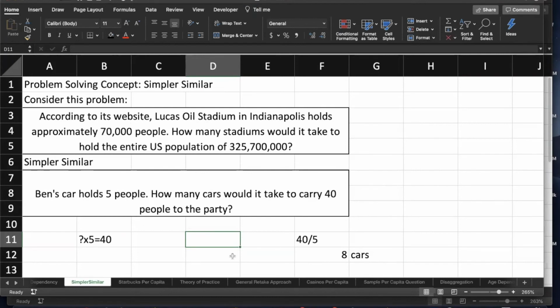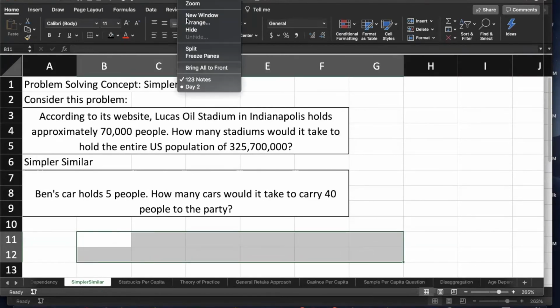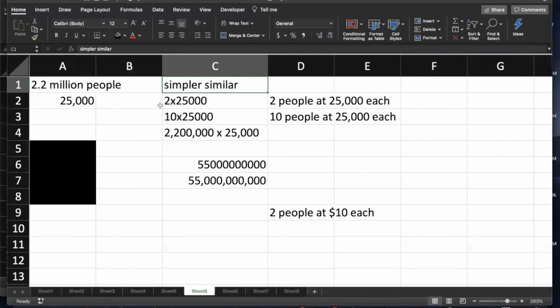So just to go back to our particular problem, we were talking about 2.2 million people who are incarcerated. We're talking about $25,000 each. And so a simpler problem would be, what if I only had 2 people? What if I had 10 people, right?